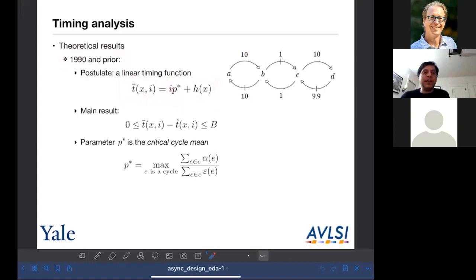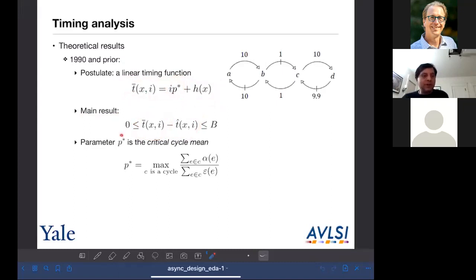If this is the case, then I know that my system is periodic. But it turns out that the system is not periodic. Okay, it's only approximately periodic. And the main result was essentially that the difference between the actual time and this linear approximation is fixed. Okay, it's independent of i, which means that this period tells you on average the frequency at which that signal is going to change, and that tells you the performance of the system.